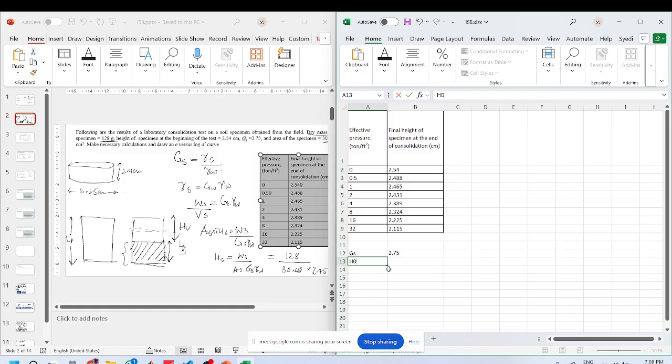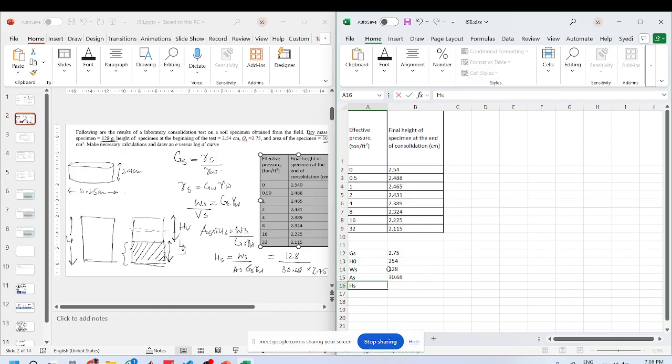Height at the beginning is 2.54. Then you have dry mass, let's call it weight of solids, 128 gram. And then you have an area, 30.68.